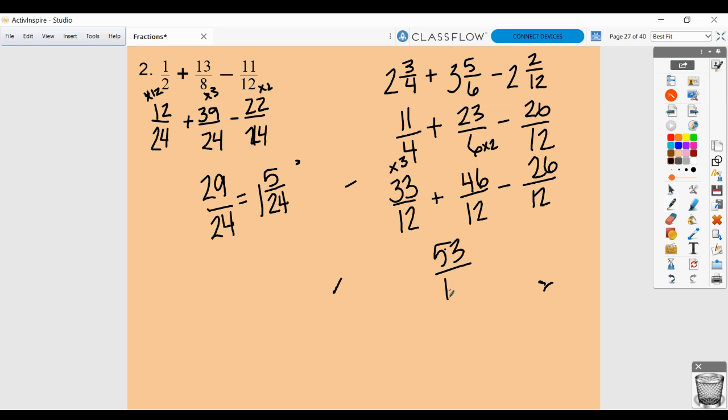And you get 53 over 12. So how many times does 12 go into 53? It'll be 4 times, because 4 times 12 is 48. And then the remainder, so 53 minus 48 would be 5/12.